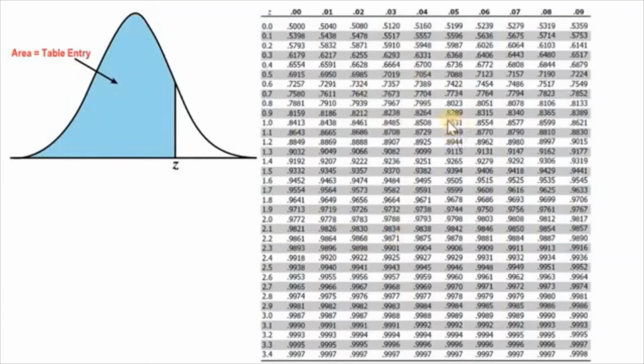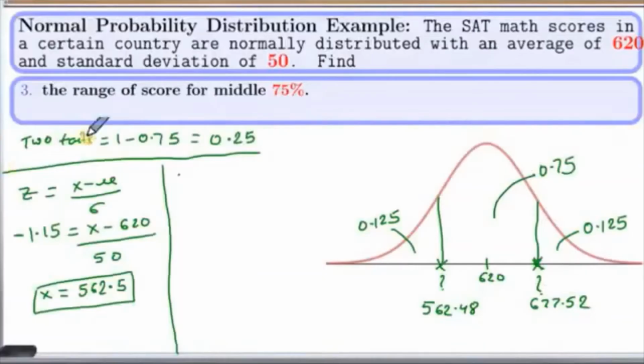The closest number that I can find to 0.875 is this, which is 0.8749. Now let's find its corresponding z-score, which is 1.15. I will write that down here.